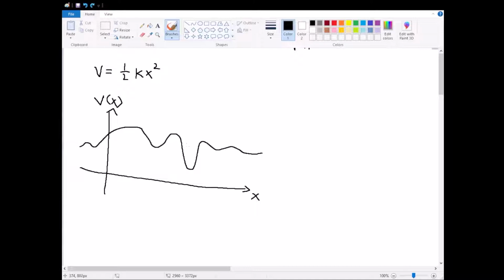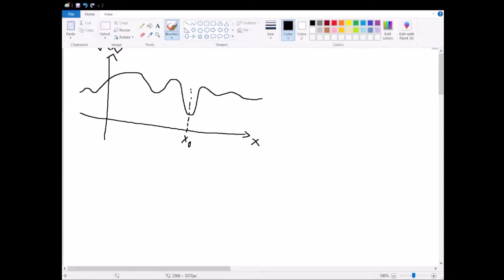Let's analyze this local minimum right here, and we'll call this point x naught, a reference to the equilibrium point that we traditionally would use in classical mechanics. We can mathematically prove that any system can be decomposed into something that is effectively a simple harmonic oscillator, as long as we have this relative or absolute minimum, whichever one you would prefer.